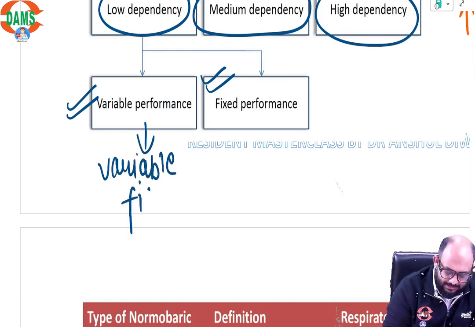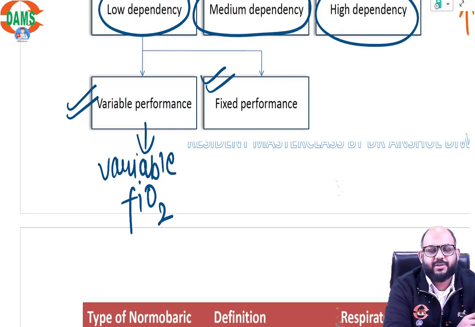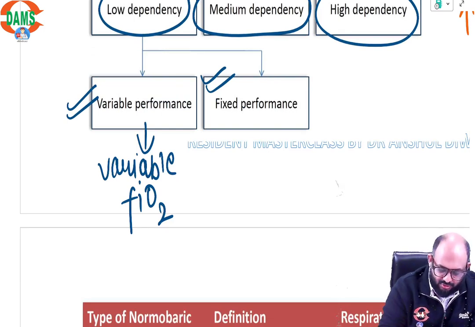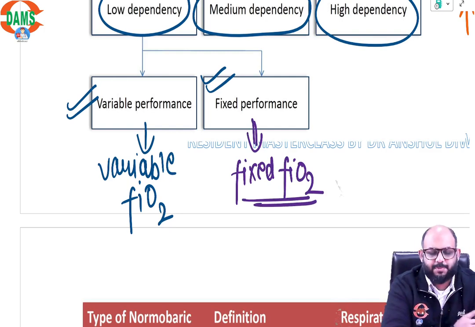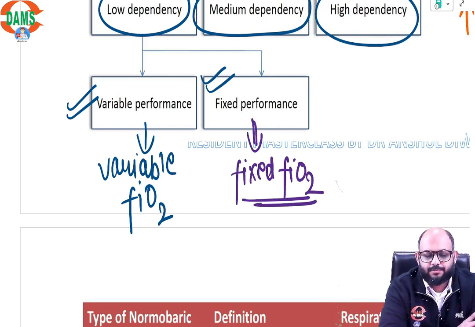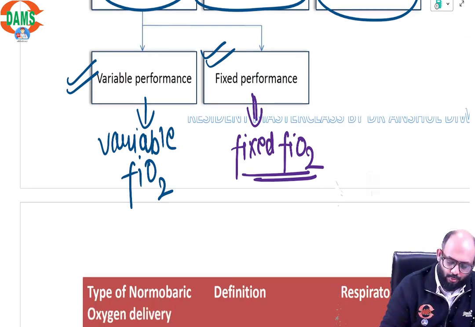That means as the breathing characteristic of the patient will change, the FiO2 that is being delivered to the patient will change, and fixed performance means fixed FiO2. All right. This is one type of distinguishing or differentiation between different O2 delivery devices.